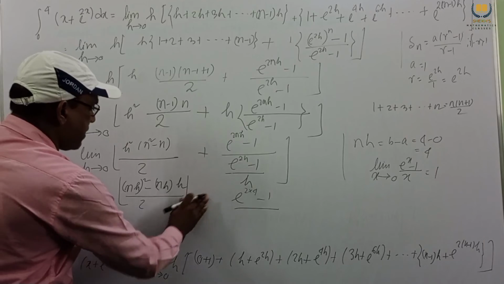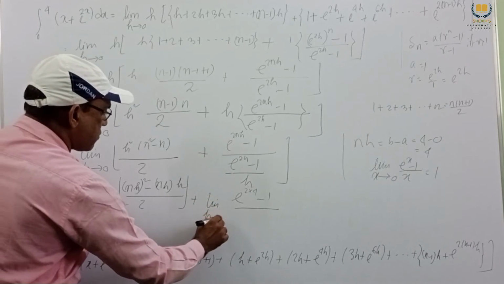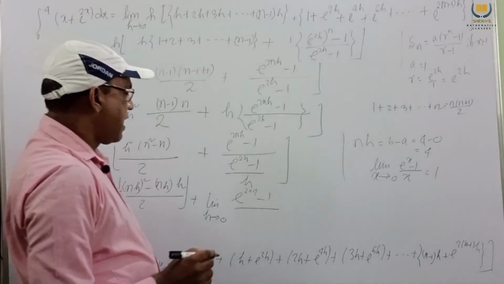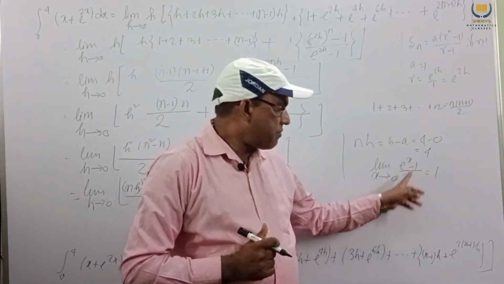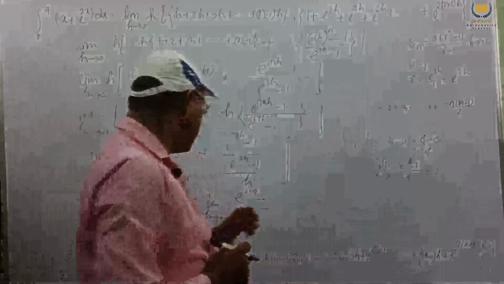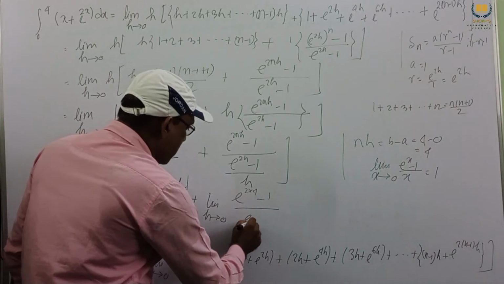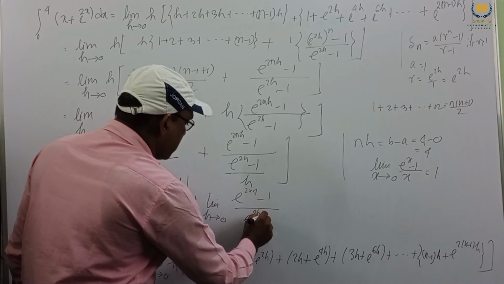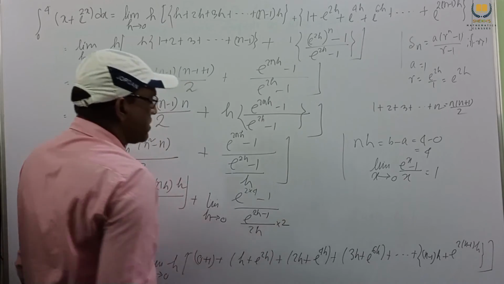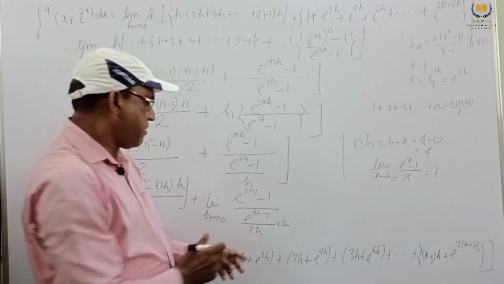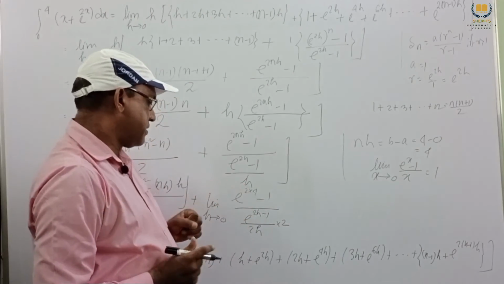If this power x and this x are both the same, then the answer is 1. But here e to the power 2h, so we write this power and this denominator the same. This is 2h, and we write an extra 2 here, and the 2 cancels, ultimately you get this h.